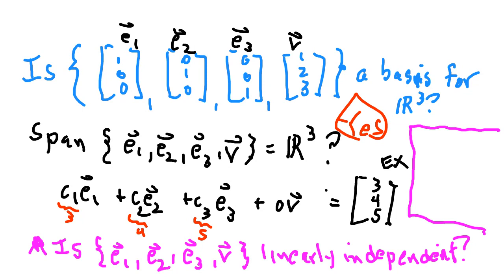If the set of vectors were linearly dependent, that means one of the vectors can be written as a linear combination of the other vectors. So let's take the vector V, which is 1, 2, 3. Can that be expressed as a linear combination of the first three vectors?